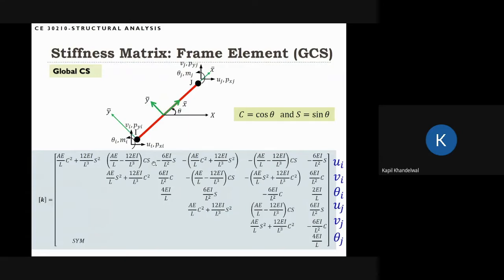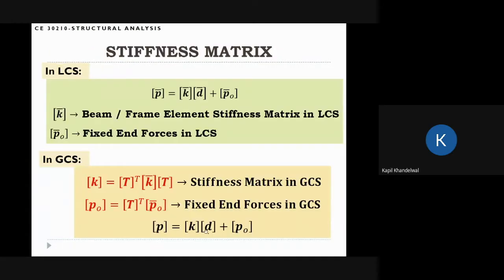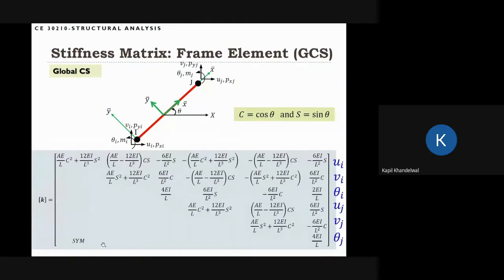So this is the angle theta. If you have the angle theta, you can calculate sines and cosines, and we can do this calculation T transpose K bar T, and this is what we end up with. Okay, so I'm going to use this matrix directly in the lecture today. I'm not going to do that multiplication, because I've already done it once.